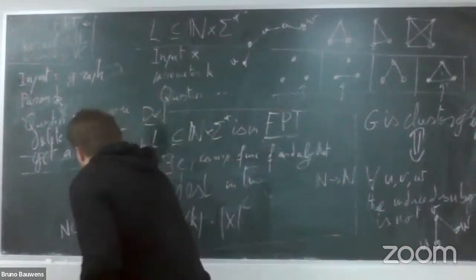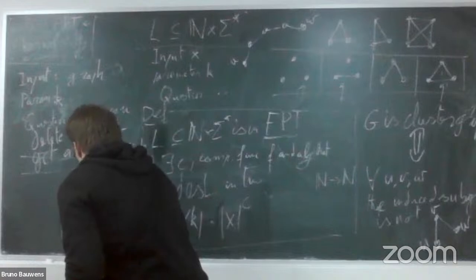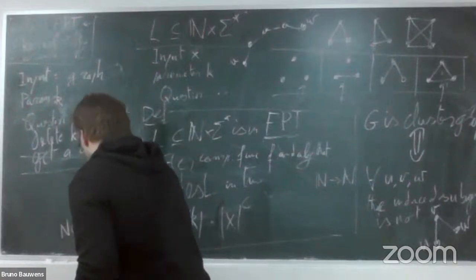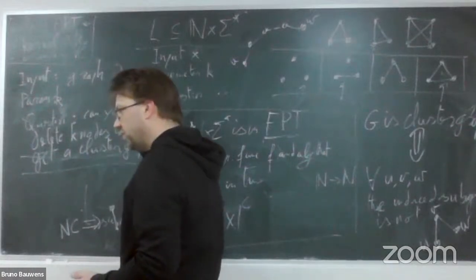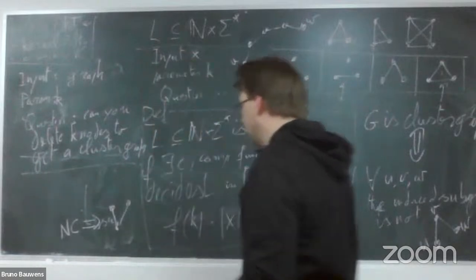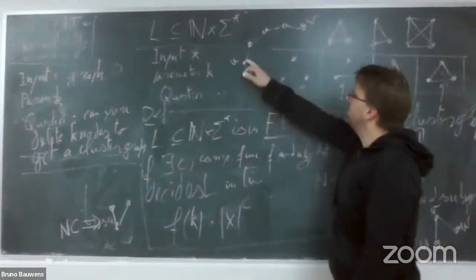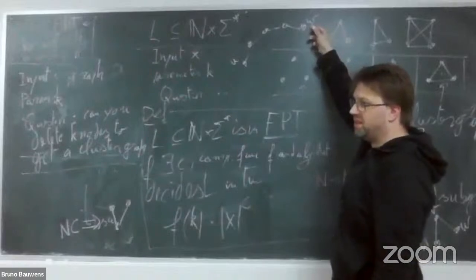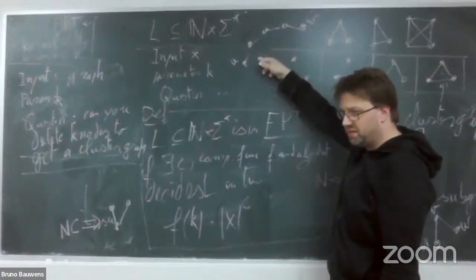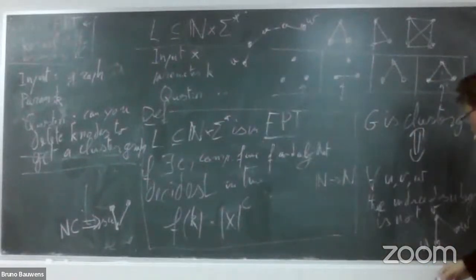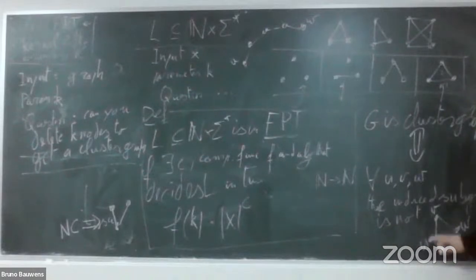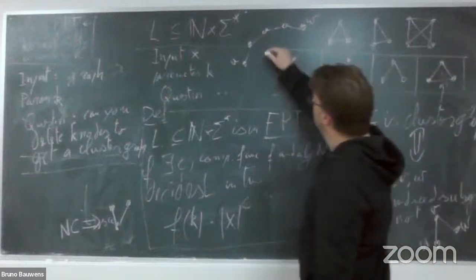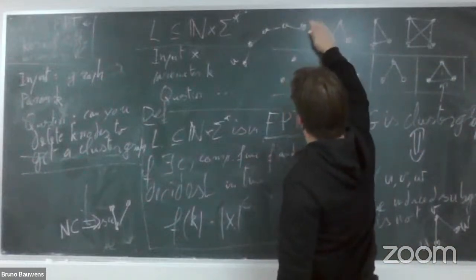So, not a cluster graph, we have 2 nodes that are connected by a path but disconnected. How do we choose U, V, and W? We choose U and W on the sides and any node in between.